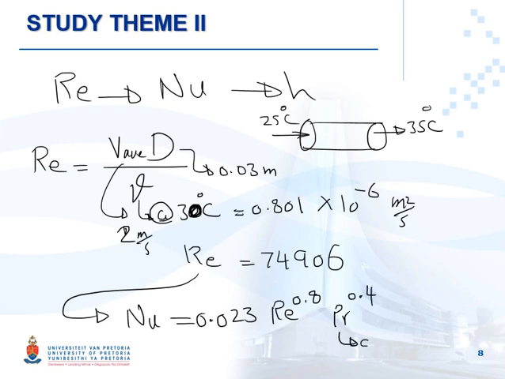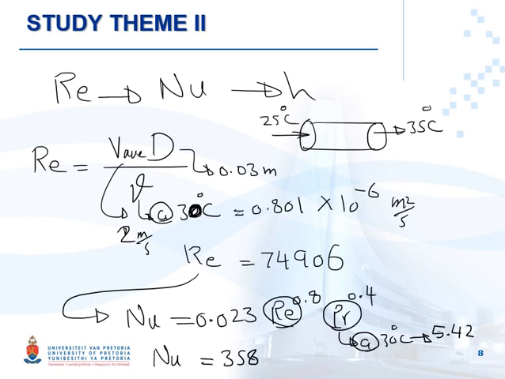Again, Prandtl here should be read at 30 degrees. If you go to the same table and read it at that temperature, the Prandtl will be 5.42. So now we have the Prandtl, we have the Reynolds. If we put them into this correlation, the Nusselt will be 358.9.